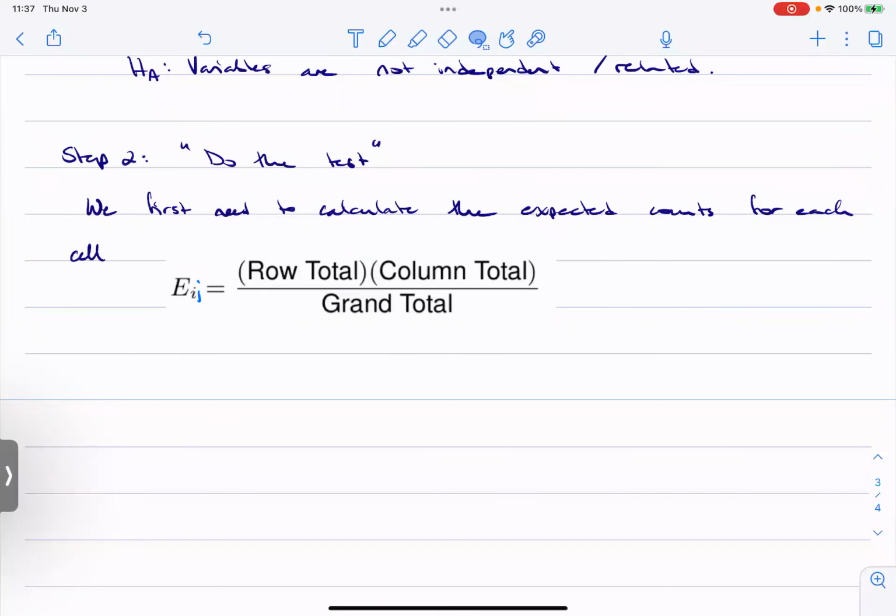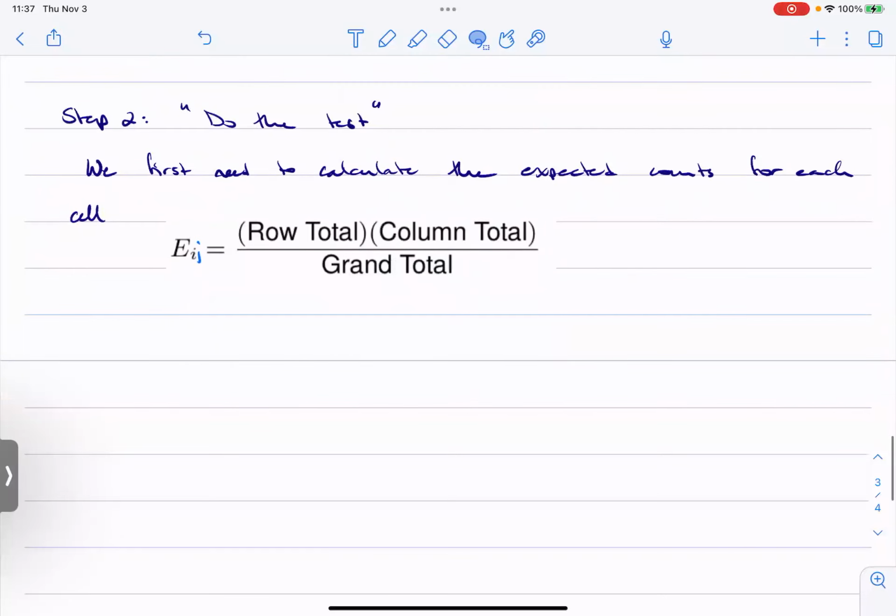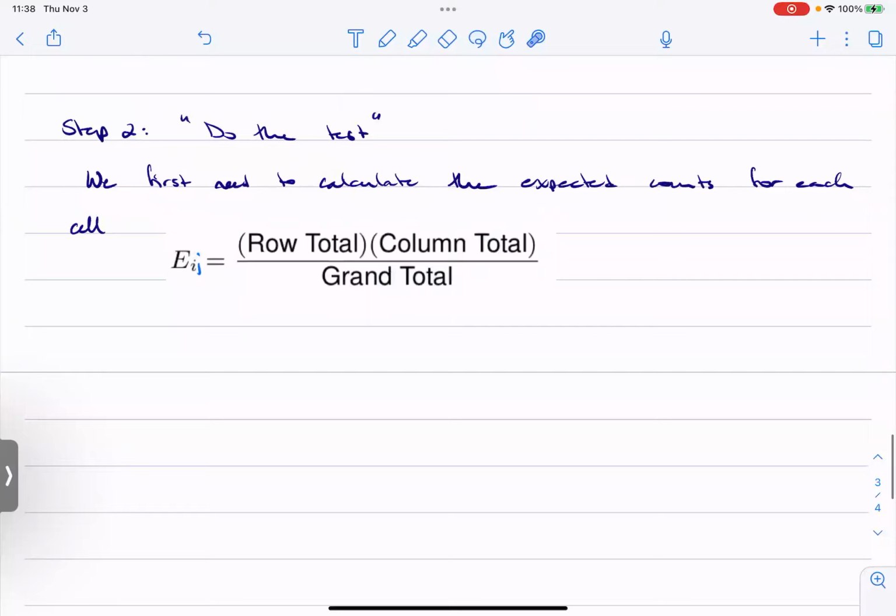The I is for the row and the J is for the column. So E11 would be the expected count in cell 11. But don't worry, as long as you keep track of the row total and the column total over the grand total, then you're going to be fine.